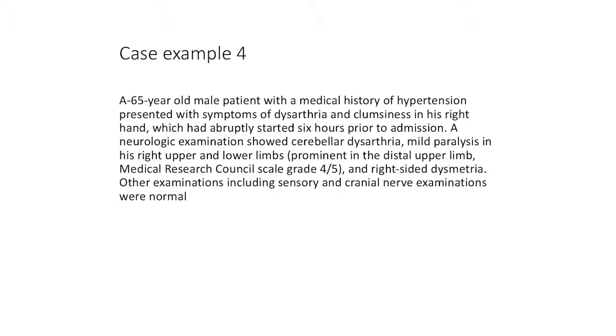Not much. Okay. But what's the prominent thing? I think it's the cerebellar signs, the dysarthria and clumsiness of the right hand. So I think it's about coordination. I'm not sure.